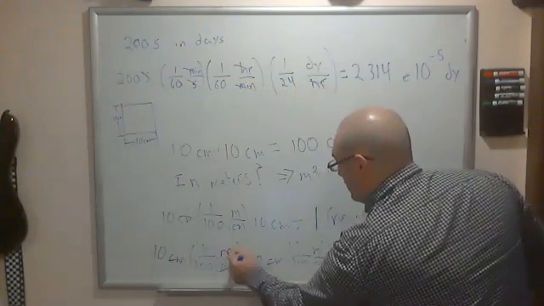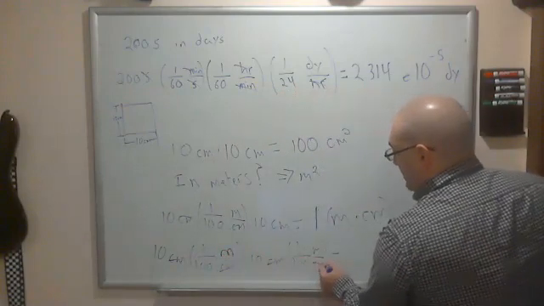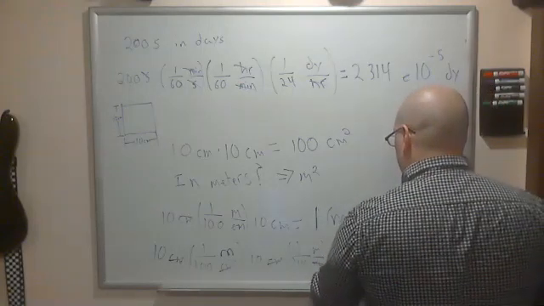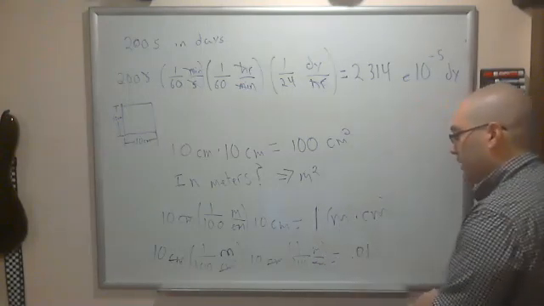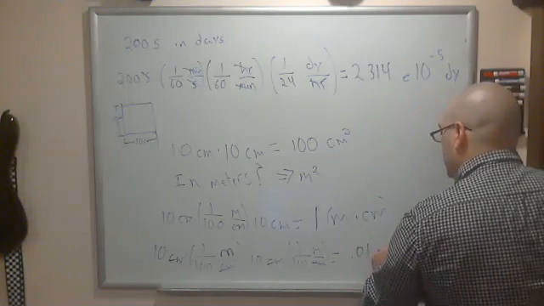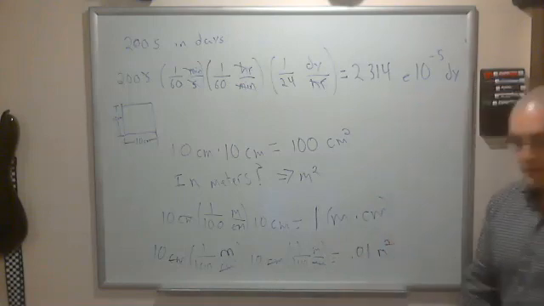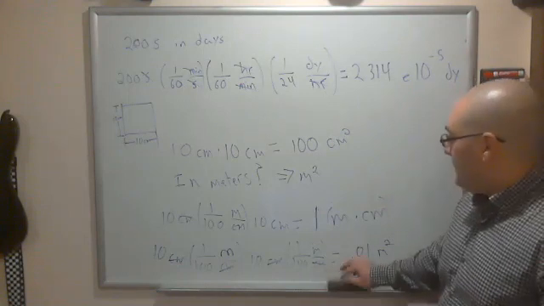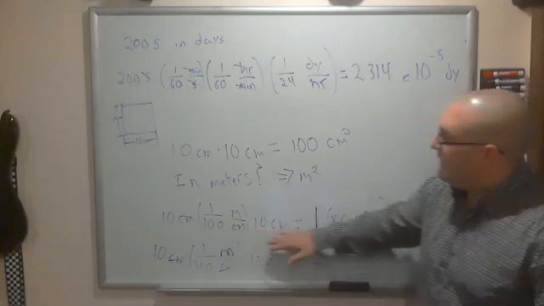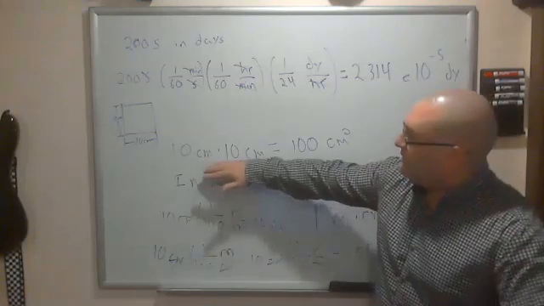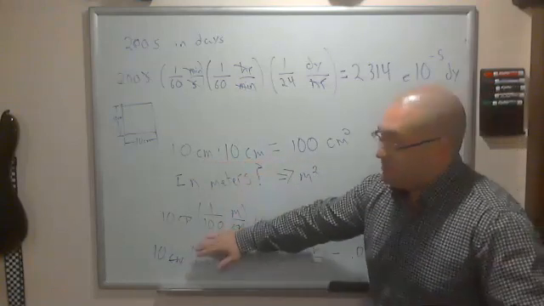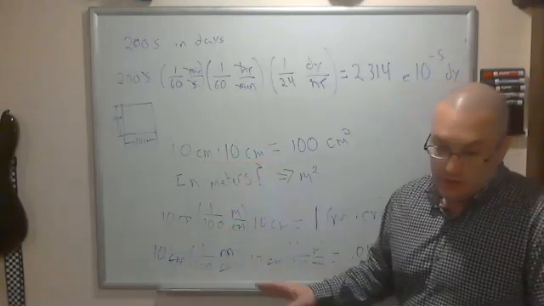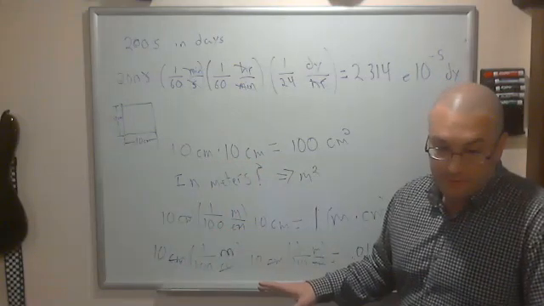Sorry. And these centimeters will cancel out, and then you're left with 0.01 meters squared, right? So this is the importance of dimensional analysis and writing things out explicitly, because sometimes your intuition can be off.